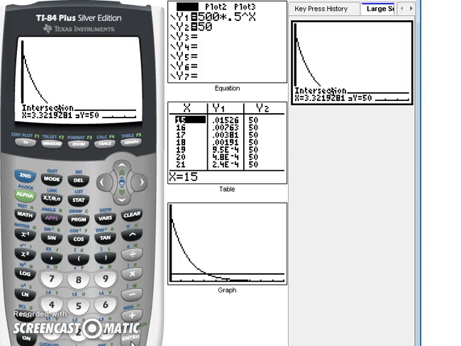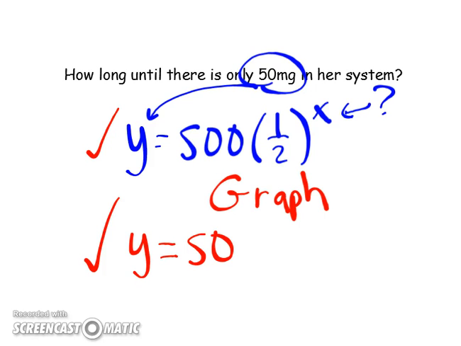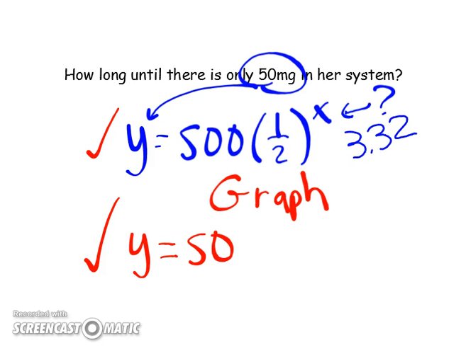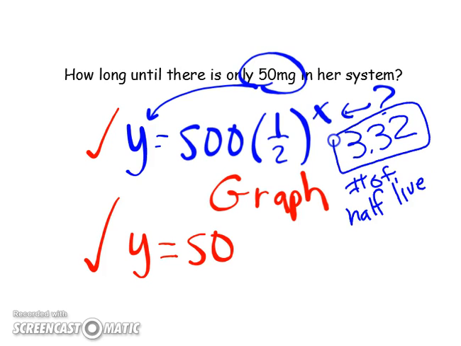X is 3.3, roughly, when y is 50. So that means since x is the number of half-lives, if we go back to our equation, x is about 3.32. Is that right? 3.32? Yes. But this is the number of half-lives that have occurred by the time it drops down to 50 milligrams.